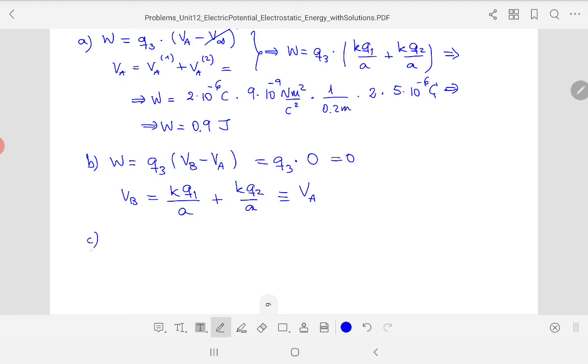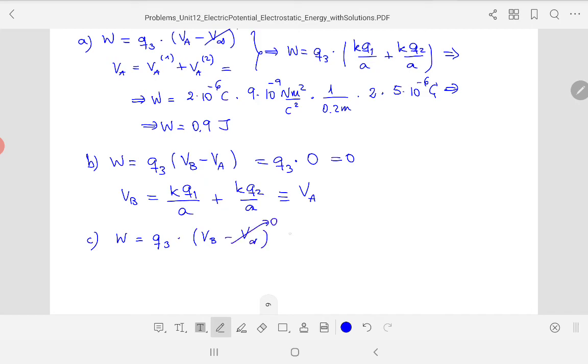So there's no need to do work to bring point charge 3 from point A to point B. And then C, the question is what would have been the total work done against the field to bring point charge 3 from infinity to point B directly. So this would have been Q3 times the electric potential at B minus the electric potential at infinity.